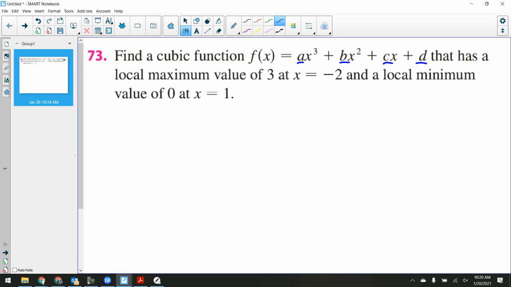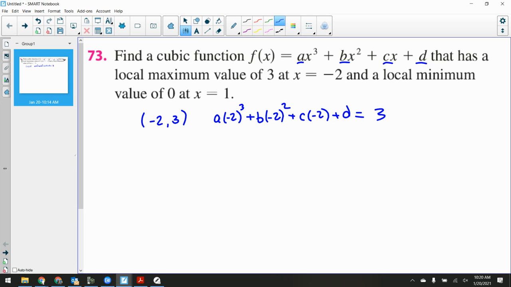The first equation that I could have is I know that a point does exist on this cubic function at -2, 3. The y value is 3, the x value is -2. So I can say a times -2 to the third plus b times -2 squared plus c times -2 plus d is equal to 3.